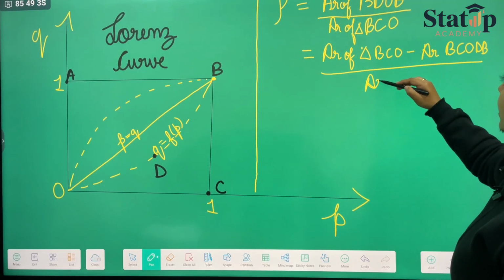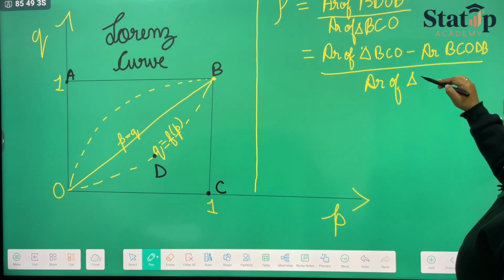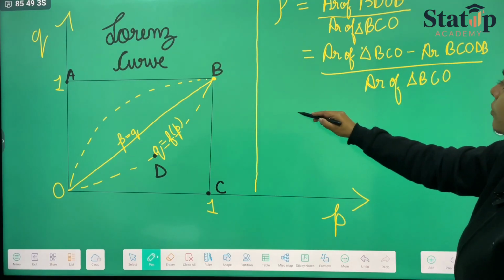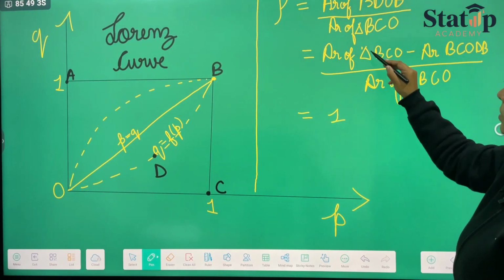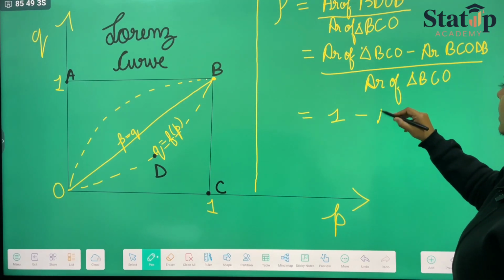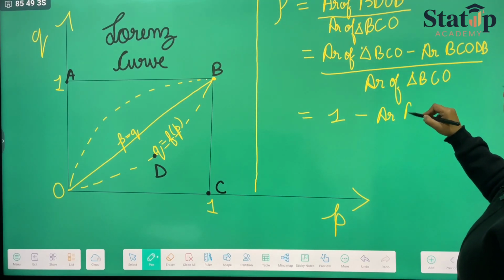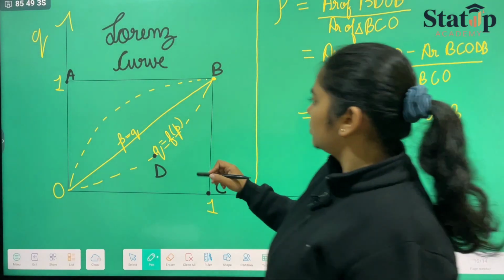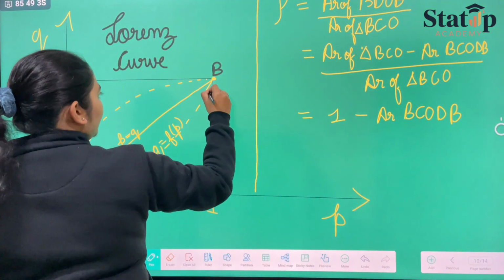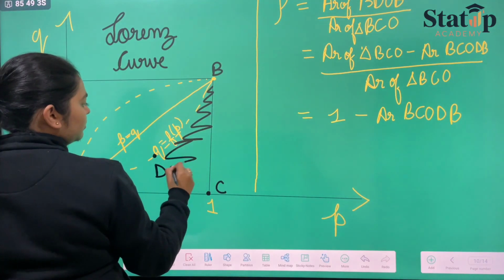Now if we take the denominator on different sides, this will be 1 only, BCO upon BCO, minus the area of the curve BCODB. This one, where the part I am shading.